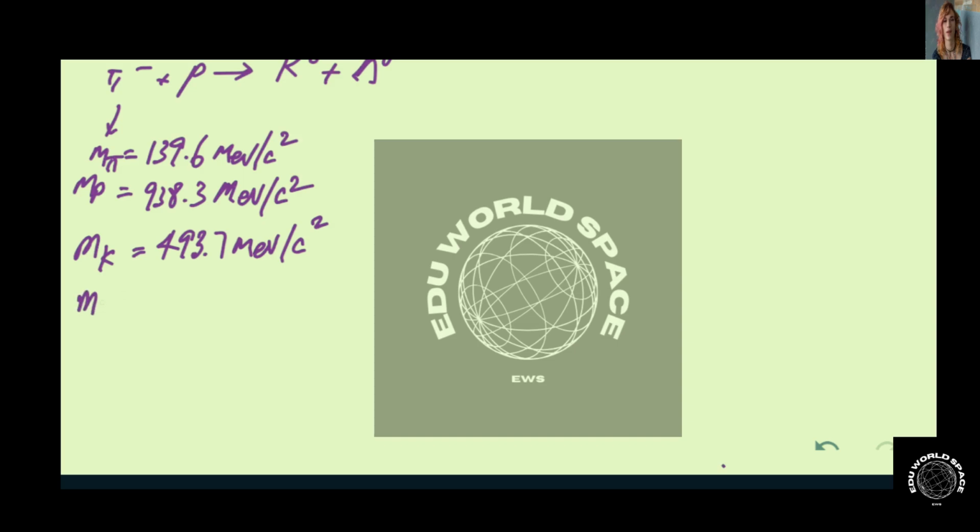And then for the lambda, sorry, this is 1115.7 MeV per c square.